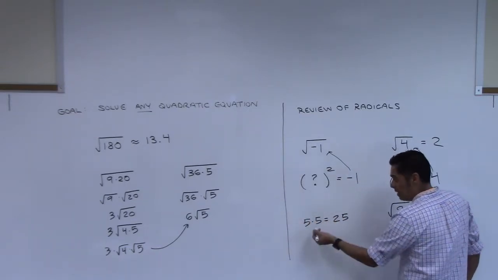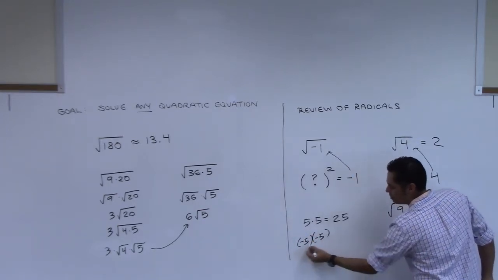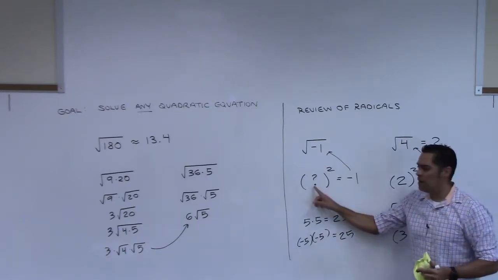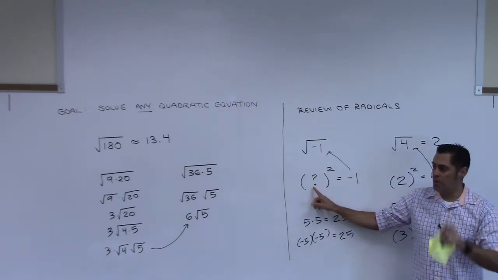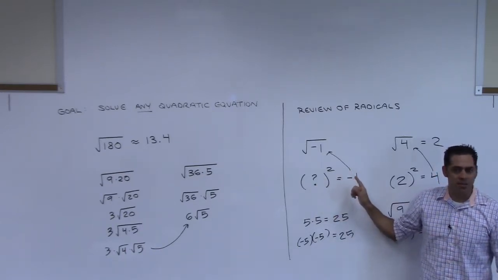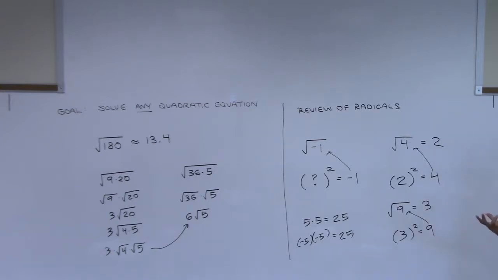But if I take that number and make it negative, negative 5 times negative 5, as long as these are the same numbers, that's still going to give me positive 25. So whatever number you pick, if it's a positive number, when you square it, it's still positive. If this is a negative number, when you square it, it should be positive. So it is impossible to make this happen. Agreed? Do y'all agree with that?